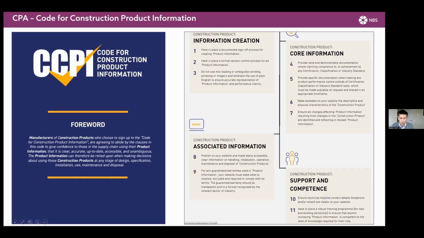So it's all common sense stuff that came from a survey of 400 or 500 construction professionals saying, this is the information we want from manufacturers. And that should be there on manufacturer websites.